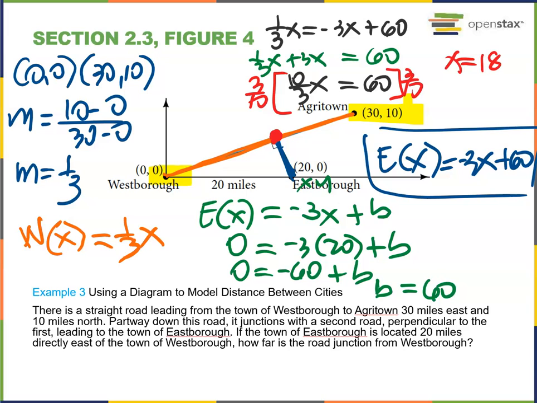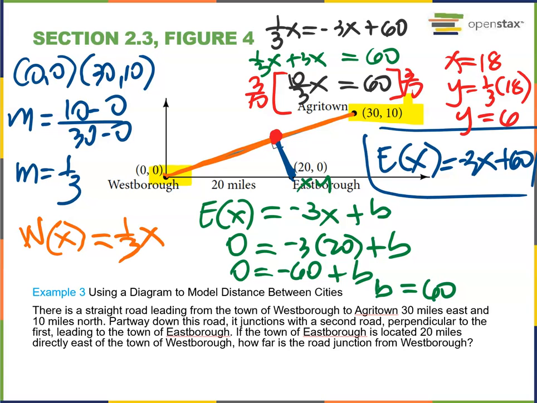And we can solve for our y. If we plug in 18 to either of the two, W of x or E of x, I guess it's easier if you use W of x. 1/3 of 18 is 18 divided by 3, which is equal to 6.